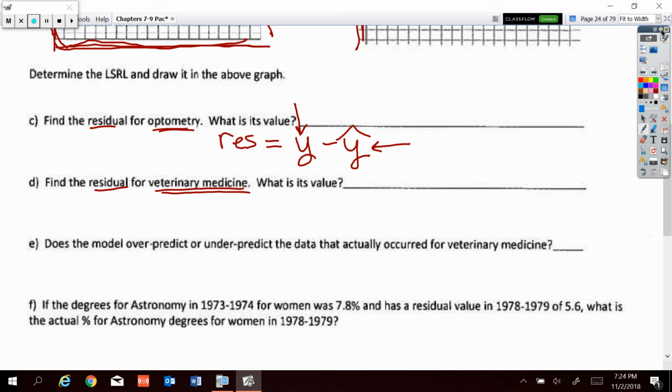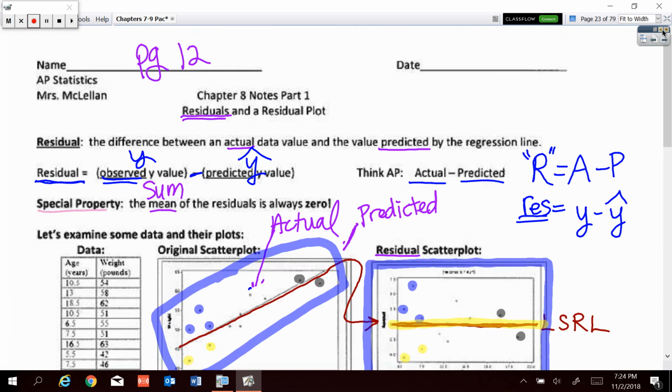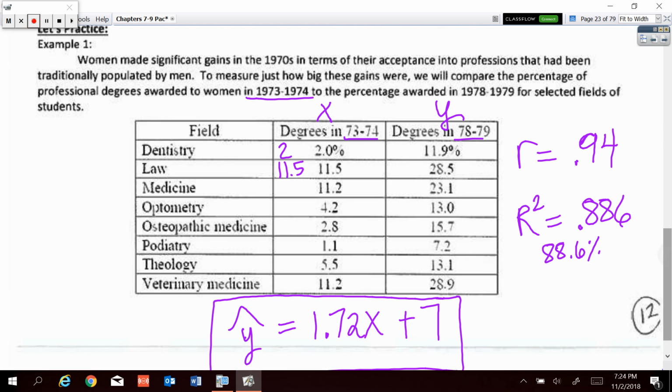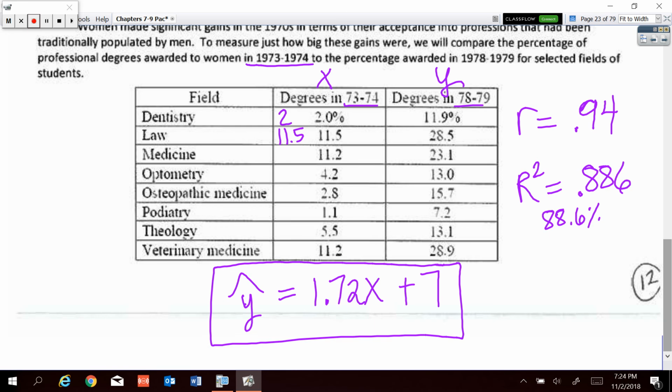How would I compute the predicted y? This value comes from our actual data because optometry was in our actual data. If you look at the bottom of page 12, here is optometry.